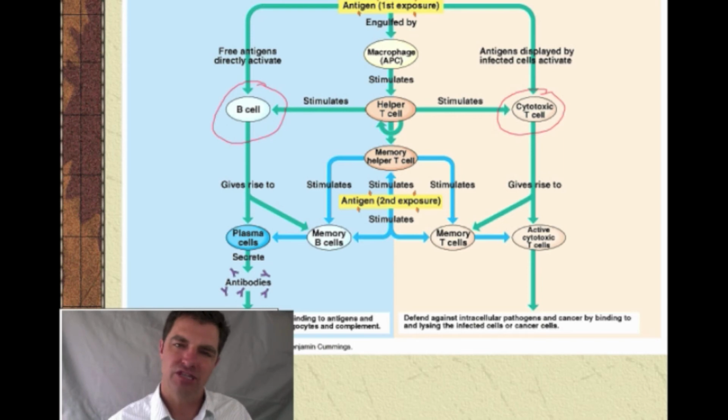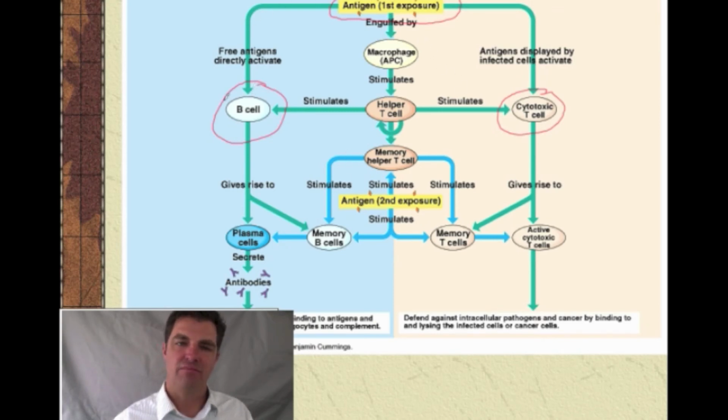So what happens is you have an antigen. As I mentioned before, an antigen is like a chemical that is on the organism. So you have this antigen on, let's say, a bacteria that infects your body. That antigen gets picked up in a variety of ways.